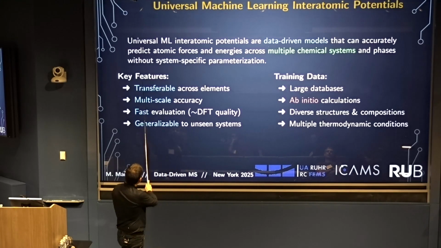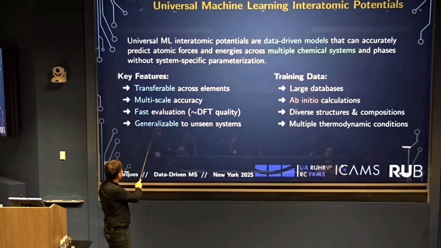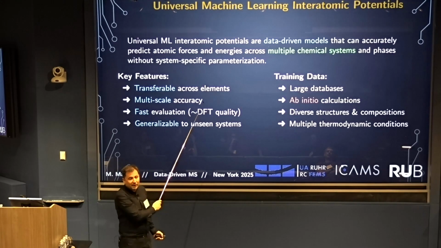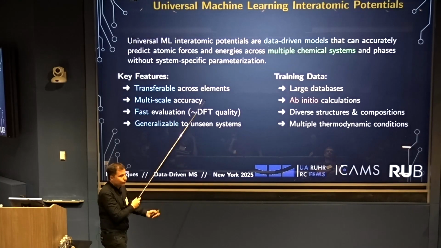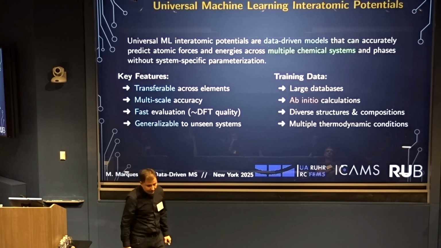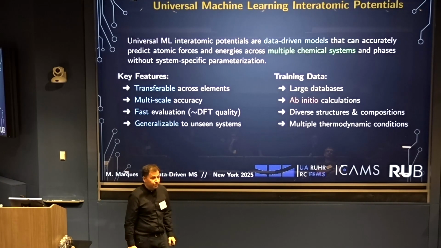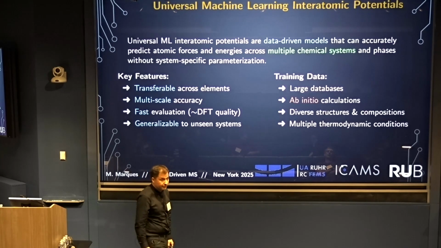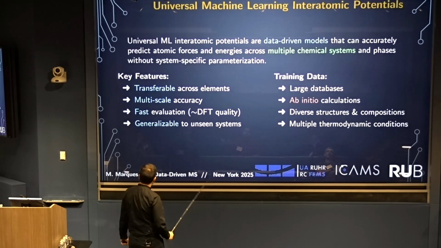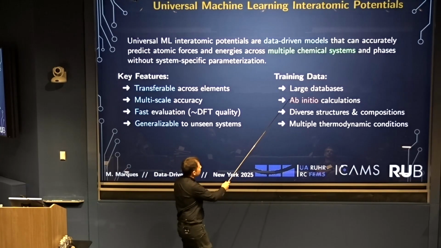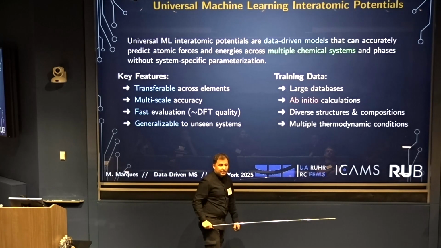So key features, they're transferable. They have very high accuracy compared to the training data that is DFT, of course. They are fast, between 10 and 100,000 times faster than VASP. That's the number. And they scale linearly with the size of the system, not cubically. And they should be generalizable to unseen systems, of course. Problem, we need large databases to train them.